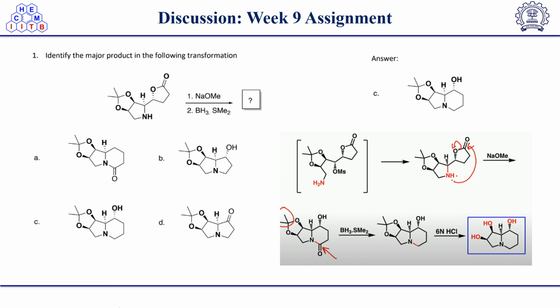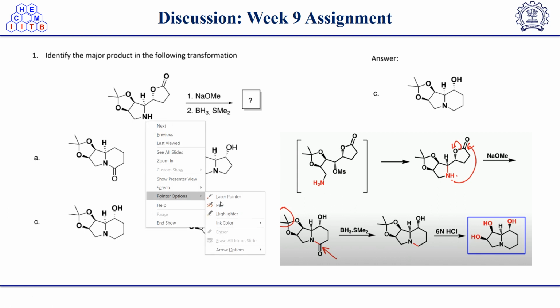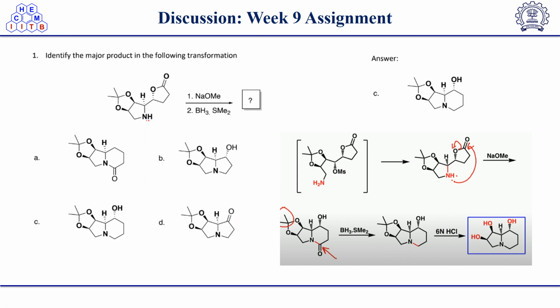So here, by treating with sodium methoxide in the first step, this nitrogen lone pair will attack the carbonyl carbon center, and it will form the six-membered ring: 1, 2, 3, 4, 5, 6.